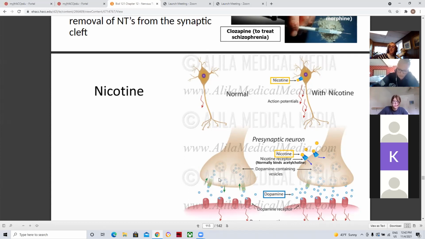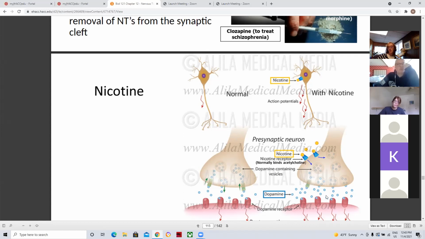So what happens is it binds to the acetylcholine receptors and activates action potentials that result in the increased release of the neurotransmitter dopamine, which works most often as, bear with me here, a motion stabilizer neurotransmitter.